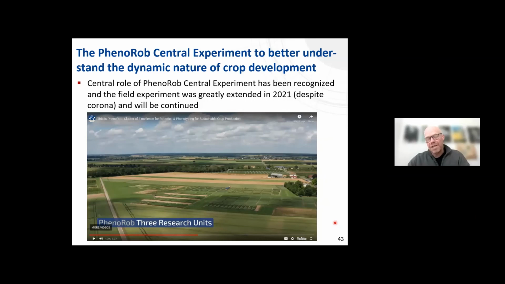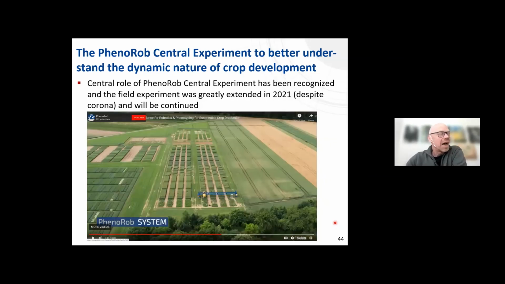A lot of these projects come together in our central field experiment at Campus Klein-Altendorf, which in the past vegetation period, despite Corona, grew a lot.